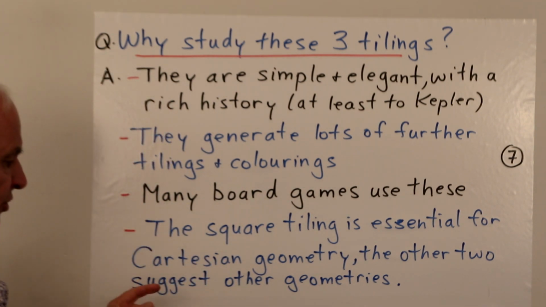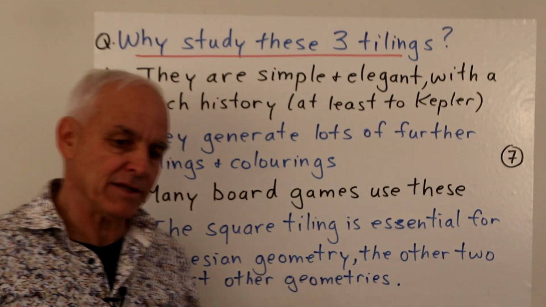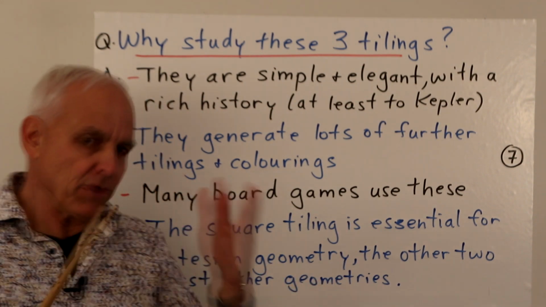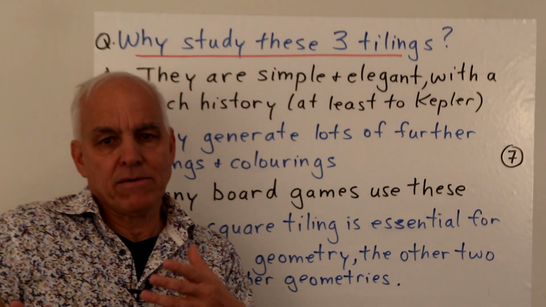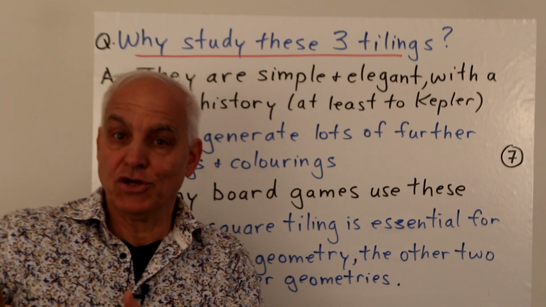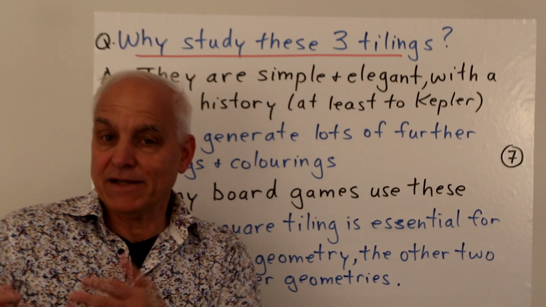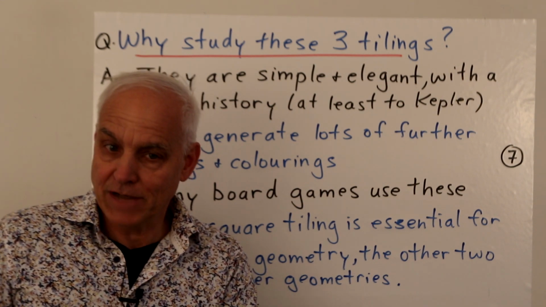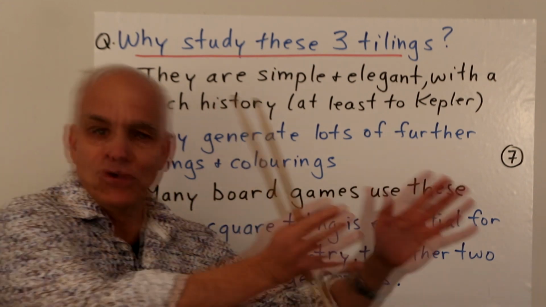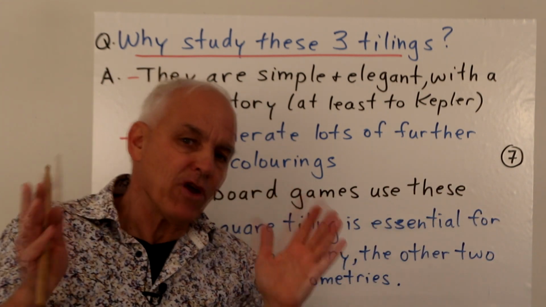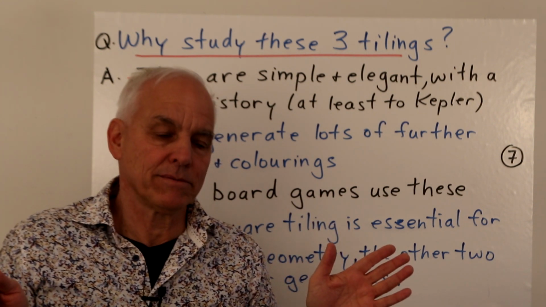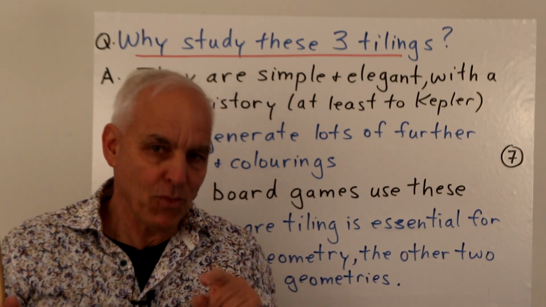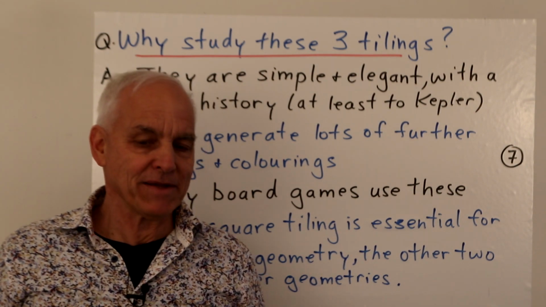And the other two, the equilateral triangle and the regular hexagon tilings, suggest that maybe there are other geometries floating around that are comparable to the Cartesian geometry basically set up from the square tiling. So the existence of these other two tilings broadens our mind a little bit about what geometry might be. I think that's a very interesting topic, which we will be talking about a little bit more later on.